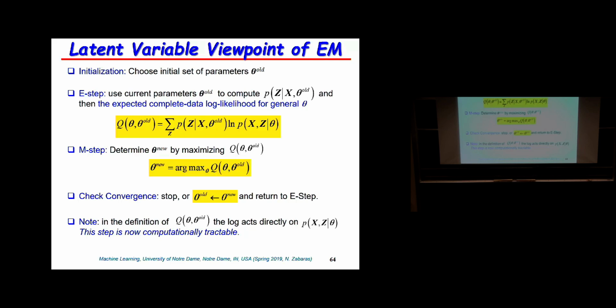So you fix the parameters, you compute the responsibilities, which are these posteriors, and then as a post-processing step, since you already have computed an approximation to the posterior, you compute the expectation of the complete data log likelihood.